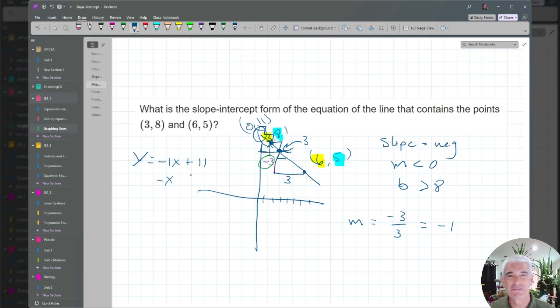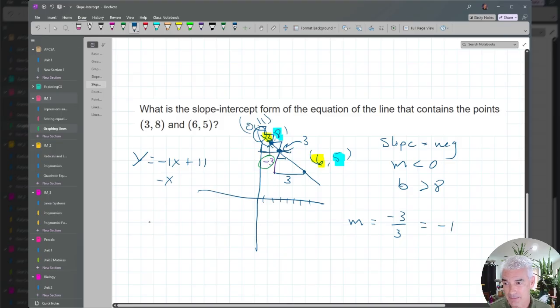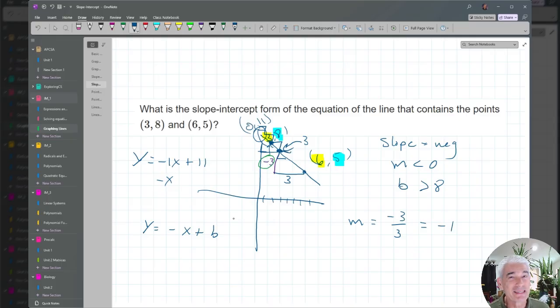Here's what I would do if I wasn't certain, or maybe I was way farther away, or it's not a convenient slope. I would do the following. I'm going to write y equals -x plus b, assuming I don't know what b is. I know it's 11, but let's assume we don't know what it is. Plug in the coordinates of either point.